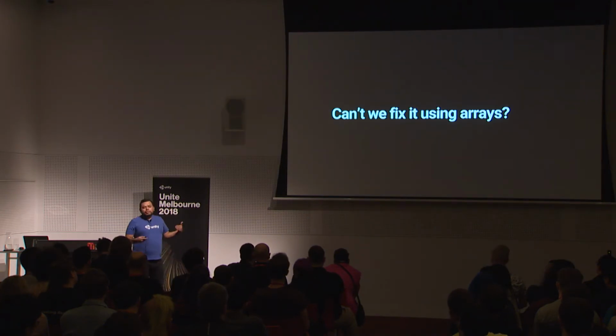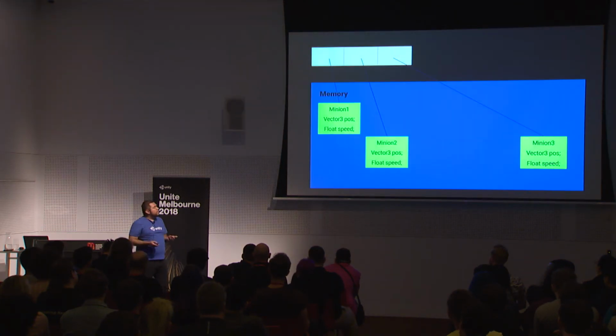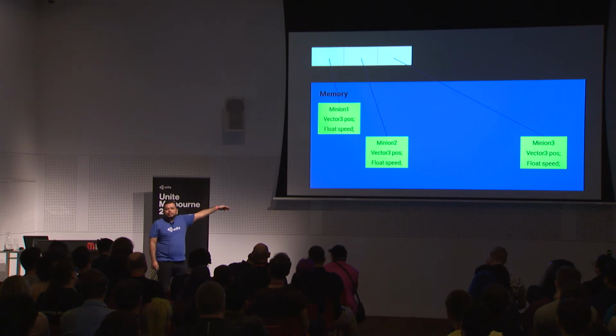So usually we think, okay, the problem is the data is anywhere in memory. How do we fix it? Maybe we can fix it using arrays, right? And in reality, it's not a real fix because the memory layout of the objects is still random, anywhere in this memory.